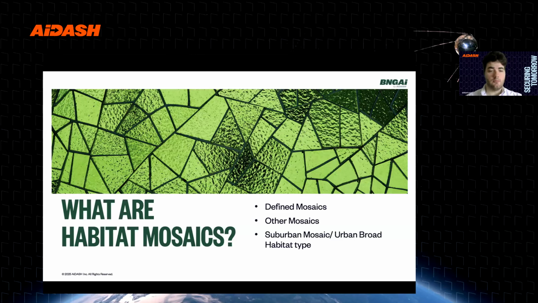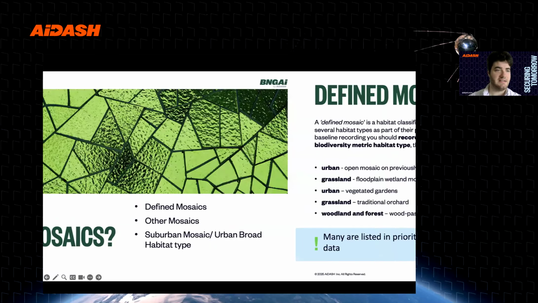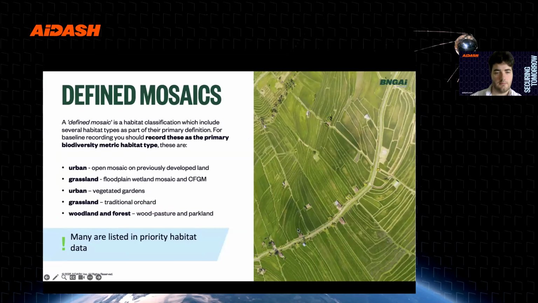But habitat mosaics more broadly is the idea that you might have a range of constituent habitats that make up a broad habitat definition. So we might have, for example, a traditional orchard.